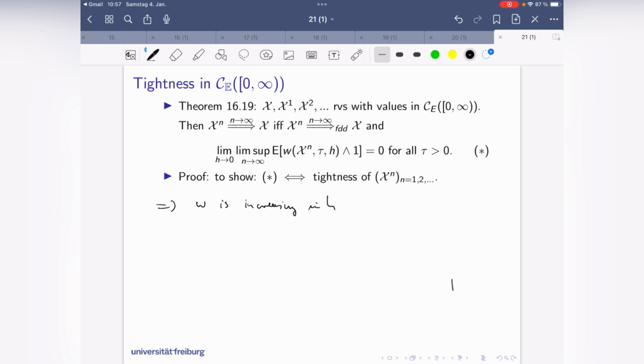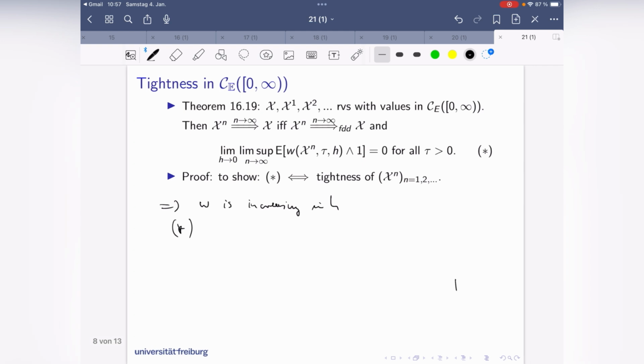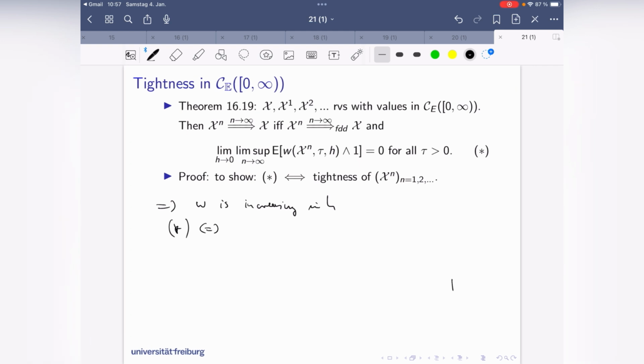And by this, I can rewrite this equation. Well, first, the lim sup becomes a sup. For all n, limit h goes to 0. And rather than the expectation, I get the probability that w(X_n, tau, h) is bigger than epsilon.